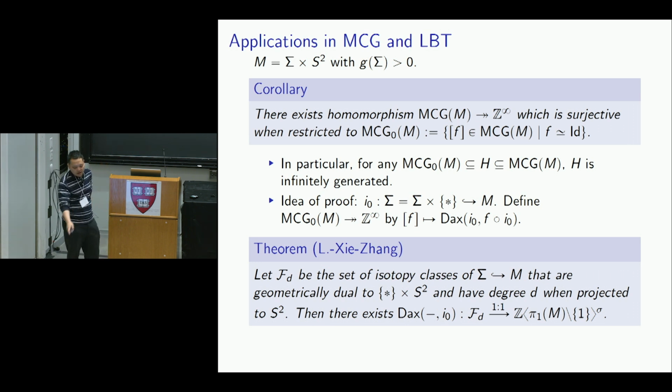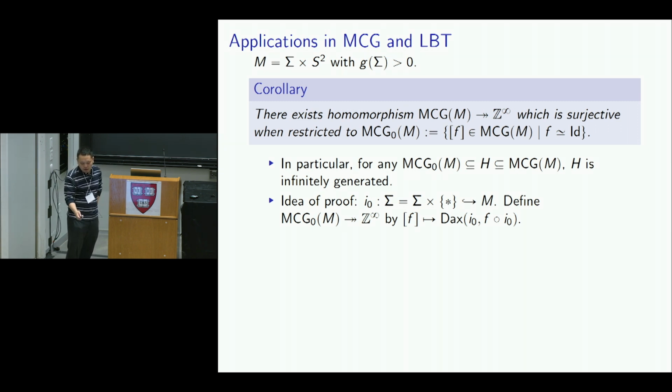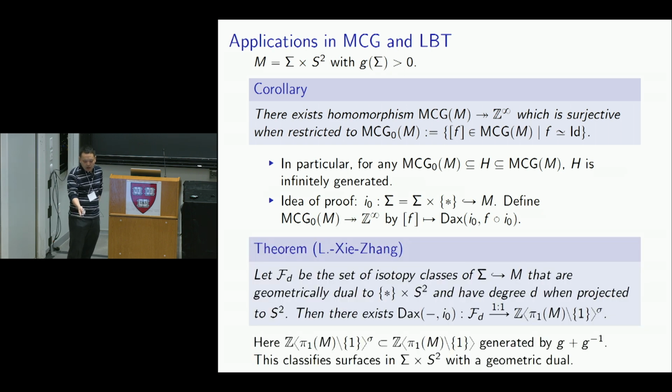It turns out that the Dax invariant gives a bijection between this F_D and this group. This group is what? This is the subgroup of this free abelian group which is generated by elements like g plus g inverse. So basically, what does that mean?